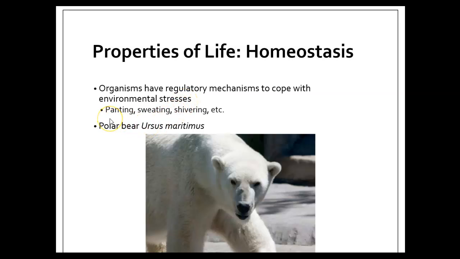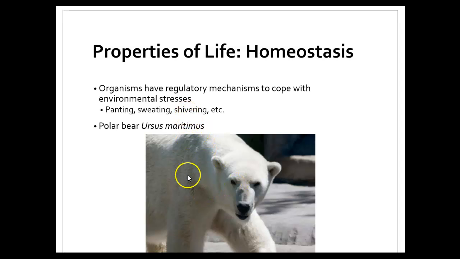These mechanisms would include panting, sweating, shivering, etc. Panting in response to, like, if the polar bear has just exerted a lot of energy, just been running, it's going to pant. It's going to sweat to release heat. I doubt very seriously a polar bear does a lot of sweating.